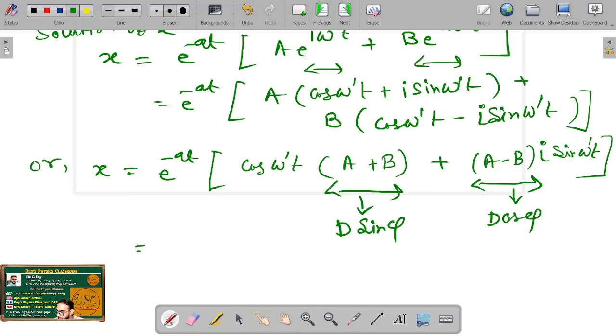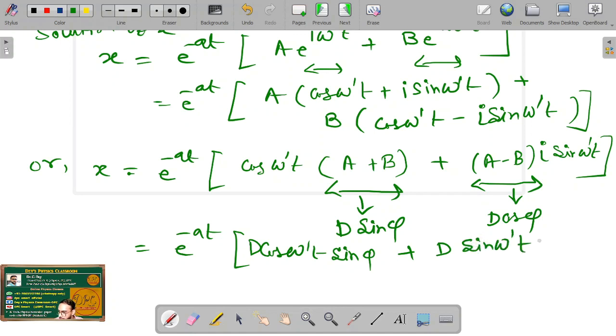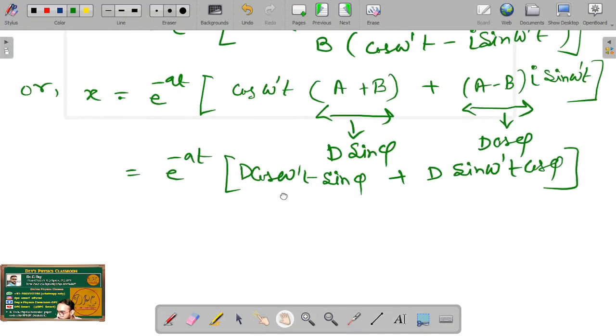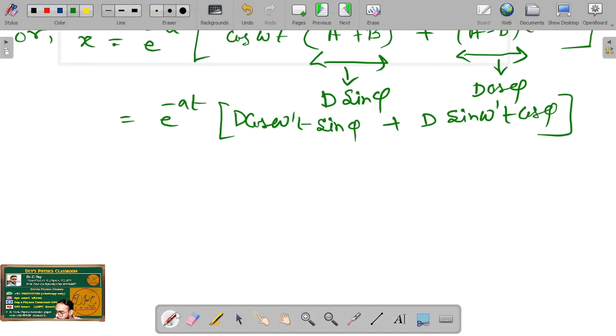So that displacement term would be e to the power minus at into bracketed, it would be cosine of omega prime t into d sin phi plus d into sine of omega prime t into cos phi. So it would be e to the power minus at into d common.